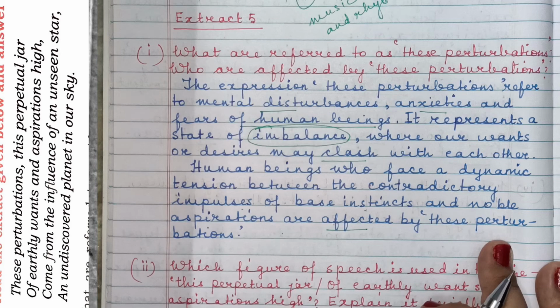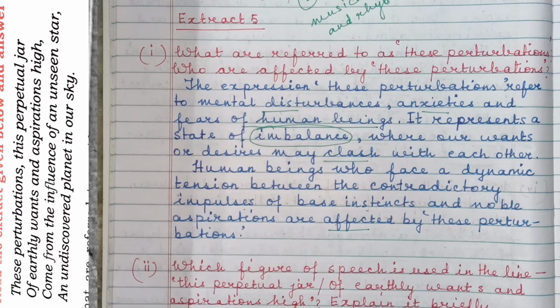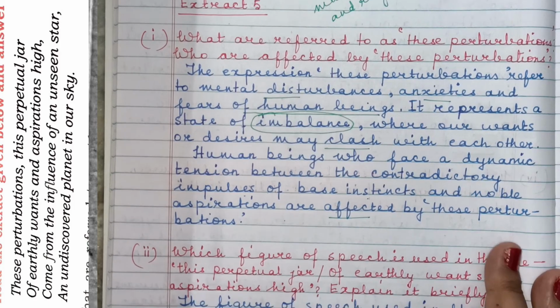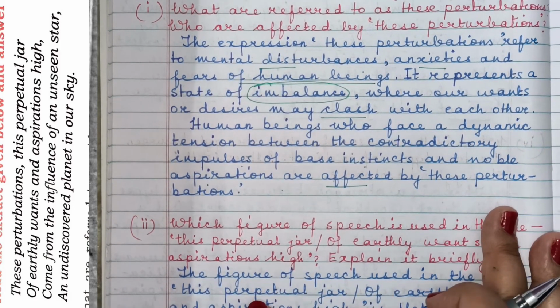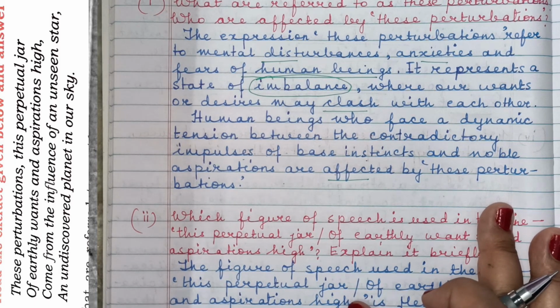But spirituality is also permanent. So, human beings must also strive for spiritual ideals, for spirituality in their lives, and there is a clash, and these things cause mental disturbances, anxieties, fear of losing, fear of failing.